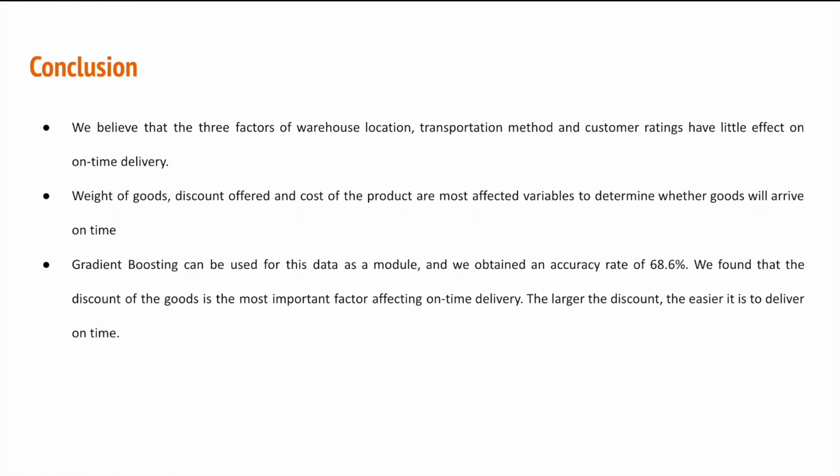And gradient boosting can be used for the data as a model, and we obtained an accuracy rate of 68.6%. We found that the weight of the goods is the most important factor affecting on-time delivery, and the larger the weight, the easier it is to deliver on time.